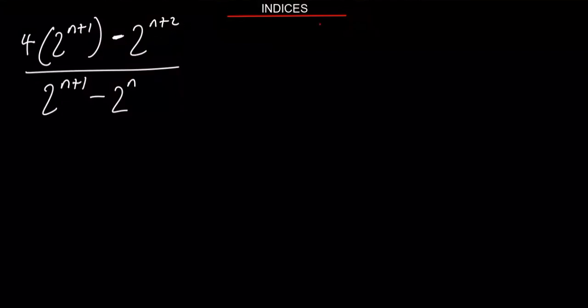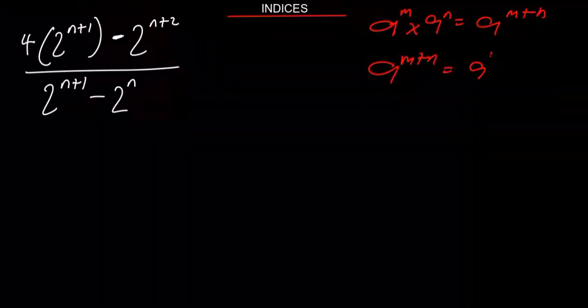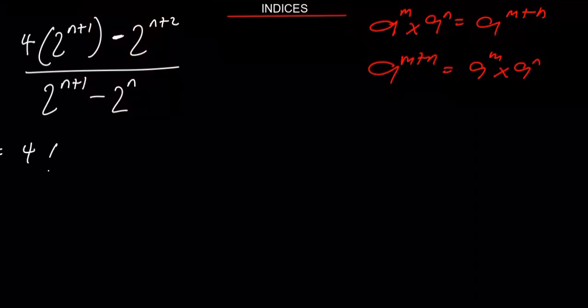Let's take a look. Remember that if I have a raised to power m times a raised to power n, it's the same thing as a raised to power m plus n. If I say a raised to power m plus n, it means a raised to power m times a raised to power n, if I just reverse this. So it means that 2 raised to power n plus 1 is the same thing as 2 raised to power n times 2 raised to power 1.